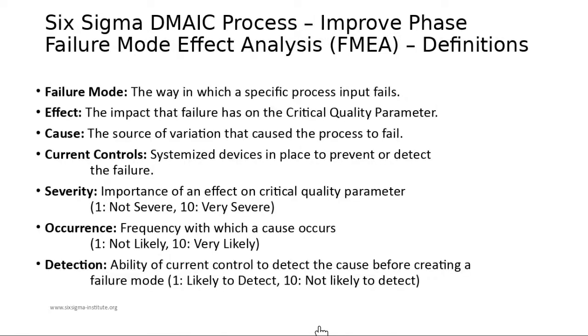What about the O? The O is the occurrence, and occurrence means the frequency with which the cause occurs. Meaning, how often this could happen. If we recall the time when we used to take face-to-face exams or classes, we were facing the fire alarm, which was usually a false alarm.